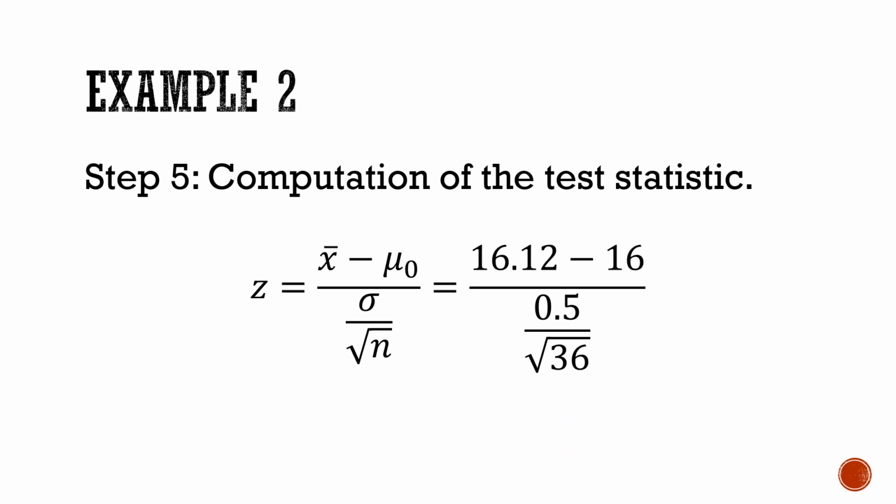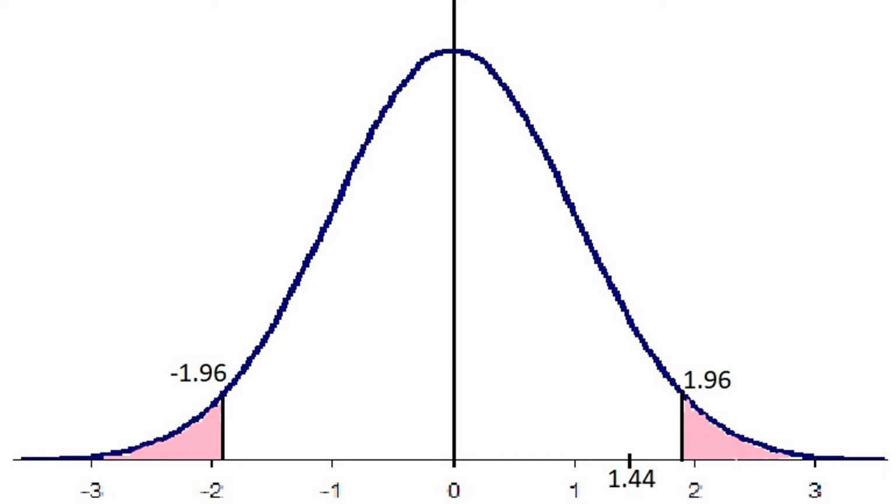All we need to do is input this on our calculator and it will give us 1.44 as the value of z. Now, let us locate 1.44. We can locate it here, and obviously it is in the white portion, or the non-rejection region.